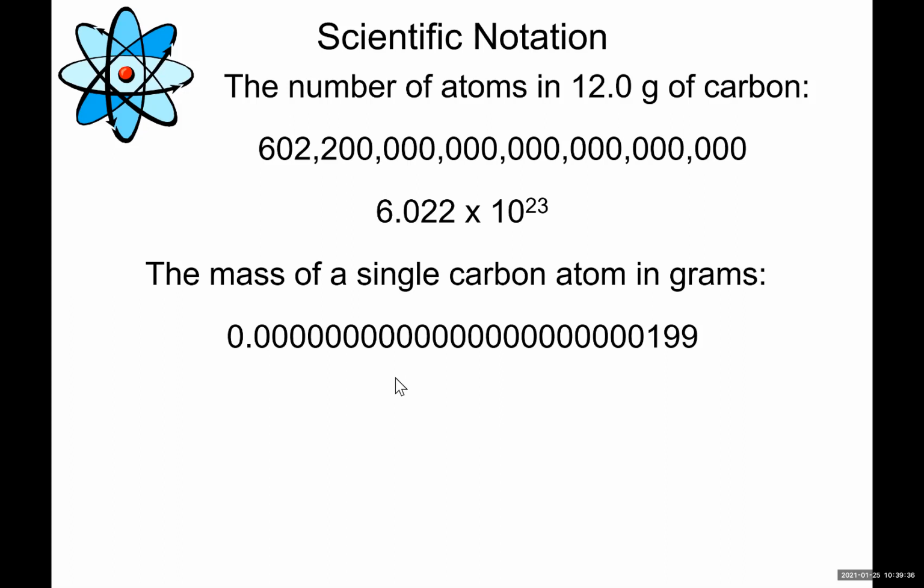Again, we are dealing with an extremely small number, hard to read, hard to use, with so many zeros. So again, using scientific notation is going to help us and avoid error. And if we do, we get 1.99 times 10 to the power of negative 23 grams, the mass of 1 atom of carbon.